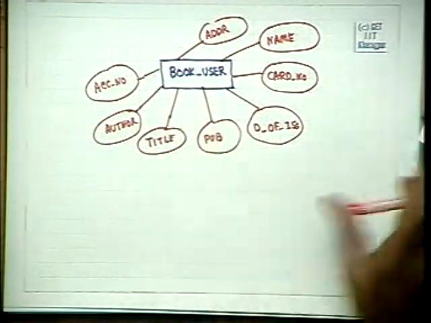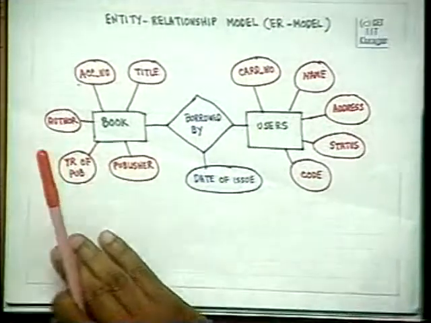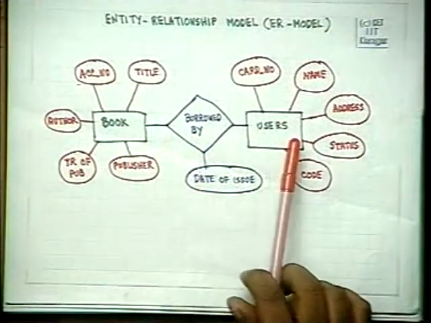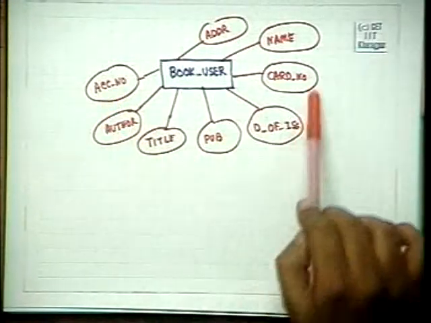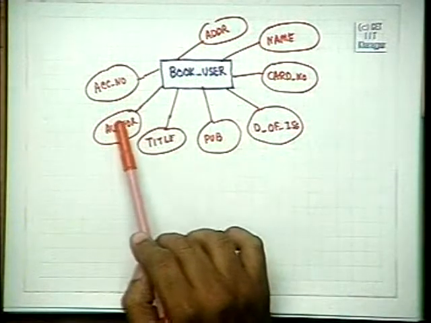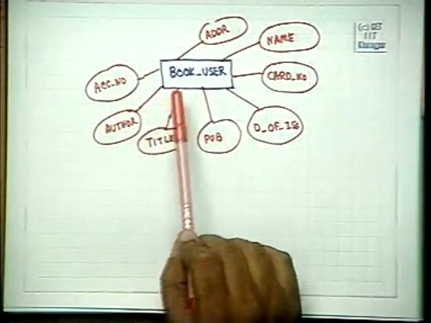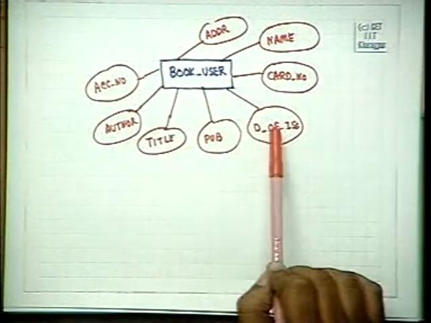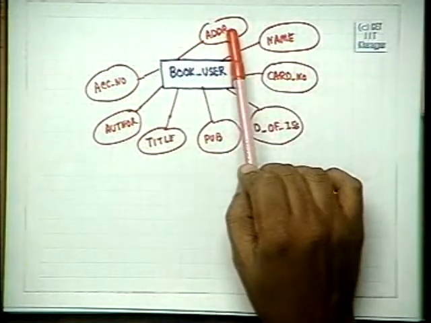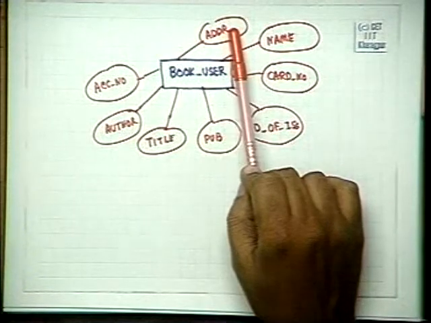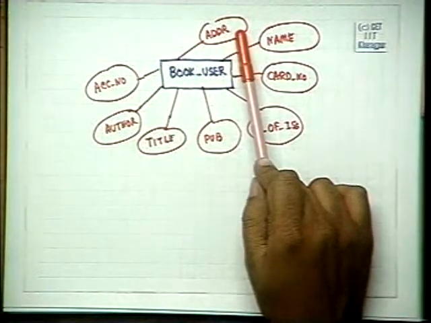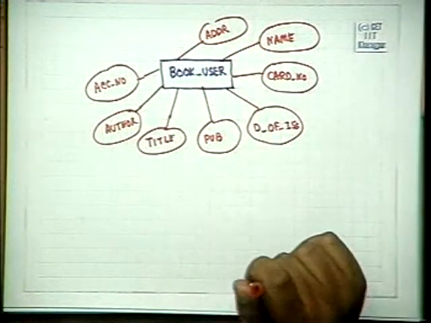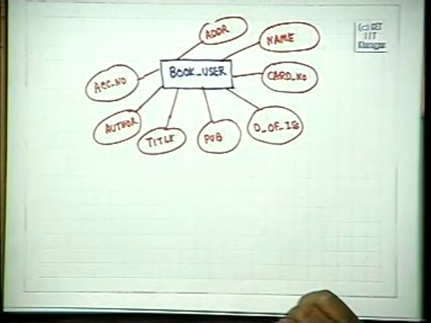In a library, there may be books which are not borrowed by anybody. In that case, if we have this one as our model, then we will have some books which have these fields as null, unidentified, unknown, and that is something which we will not have at this level in the conceptual model.